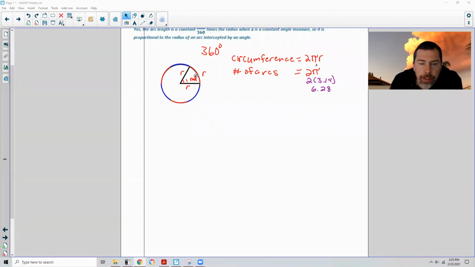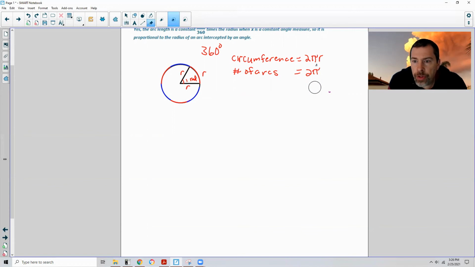As you can see here, I have 1 arc, 2, 3, 4, 5, 6, and then there's that tiny little piece right here. That is 28% of another arc, or 0.28, 28 hundredths of an arc. So it took 6 and then just a little bit more to equal the number of arcs to make 2 pi, which is a full rotation of a circle.